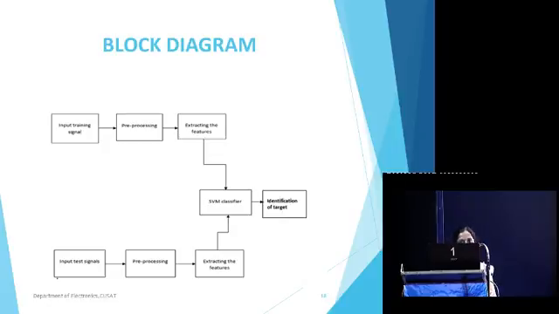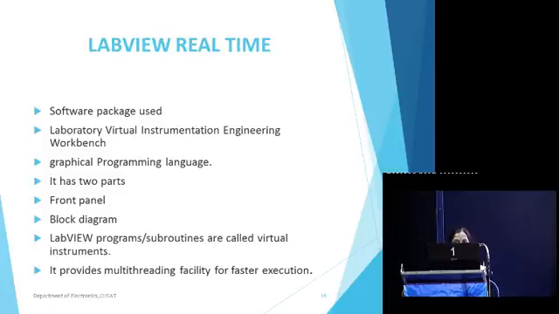First of all, we train by extracting features and applying them to the SVM classifier. Then the test signal is applied, features are extracted and applied to the SVM classifier for the identification of the target. So the main aim of my work is to develop an underwater target recognition system in real time.